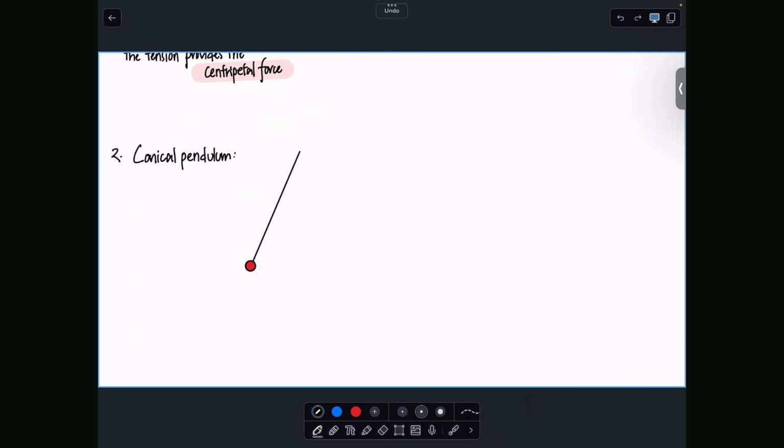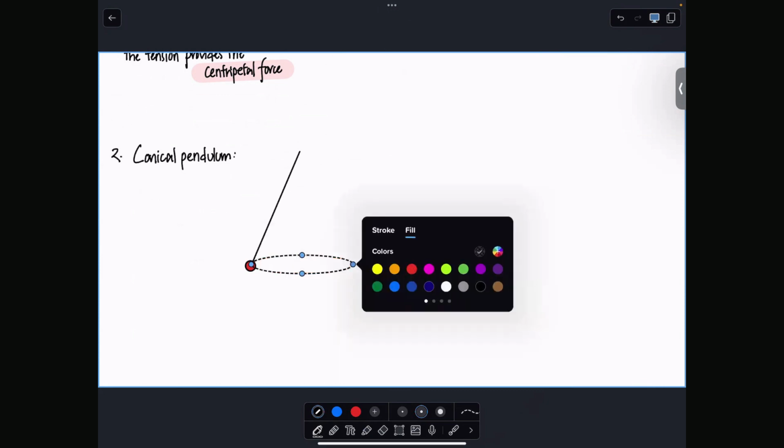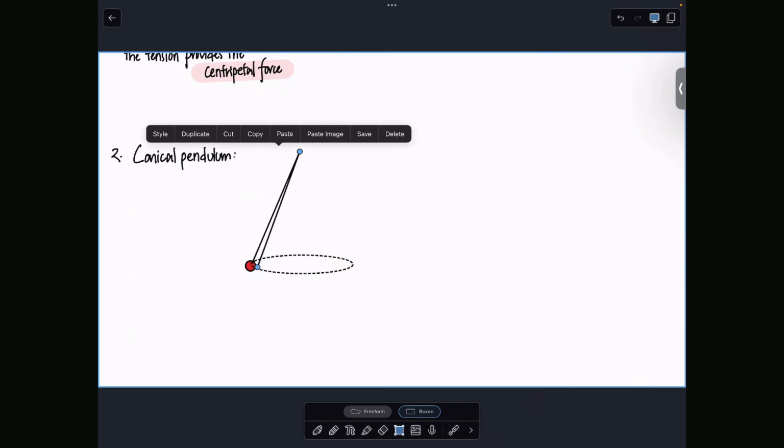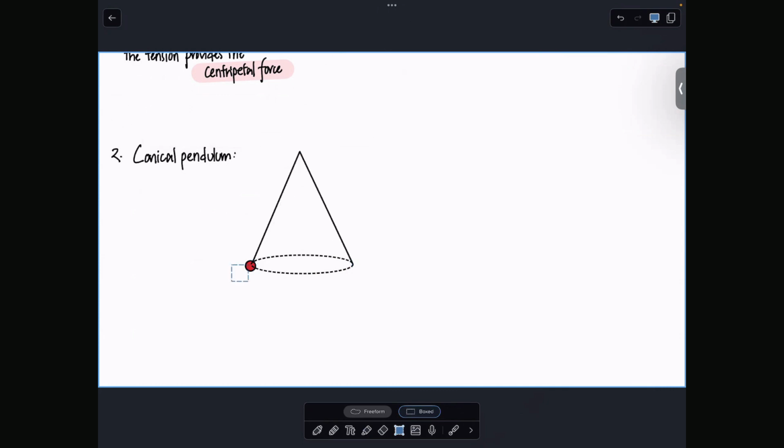It produces a circular motion with the bob at the bottom. I hope you understand the 3D nature of it. This is your conical pendulum, and this is the path it takes at the bottom.